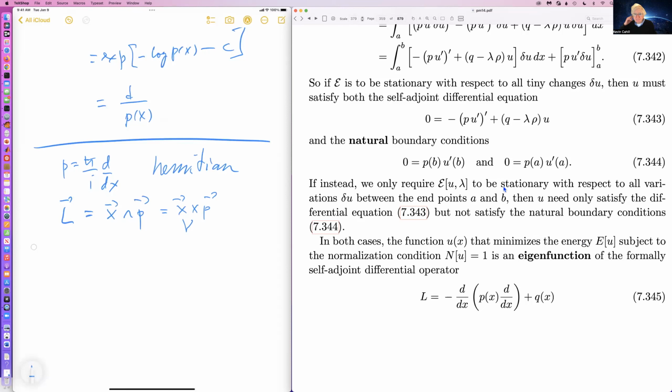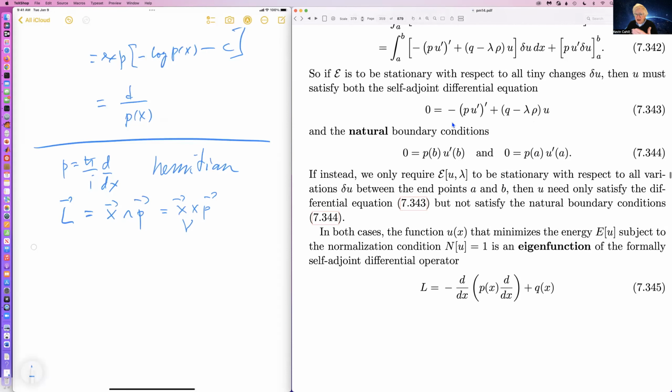So in other words, if we are looking for functions that minimize or maximize the energy with respect to changes of the functional, and are normalized, then they have to satisfy both of these conditions.